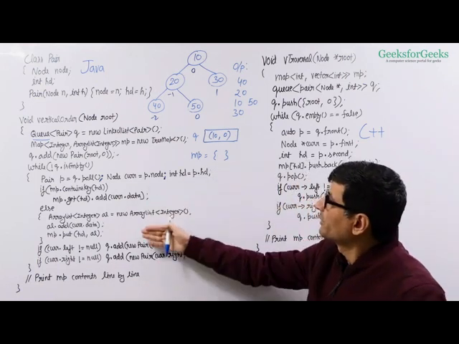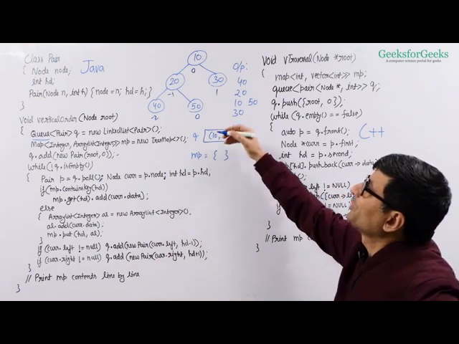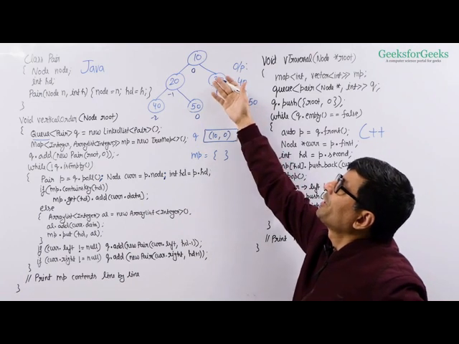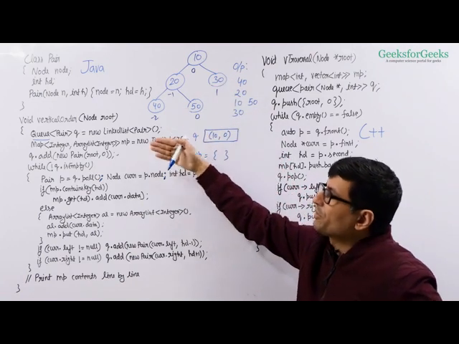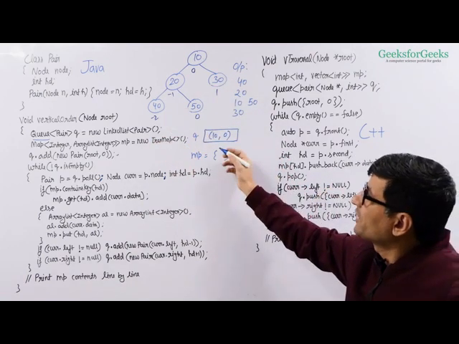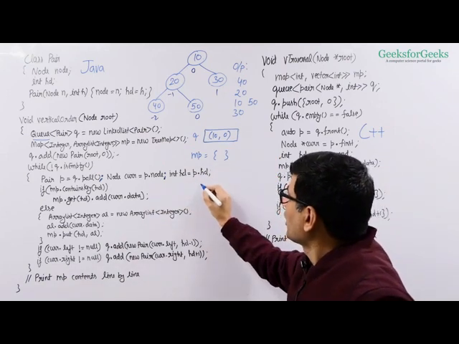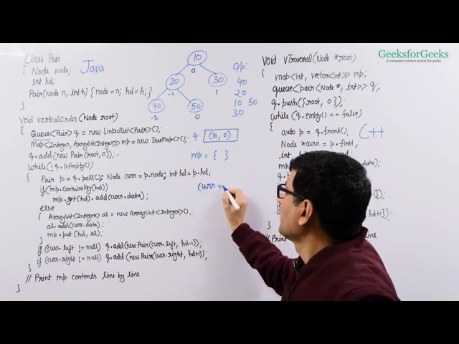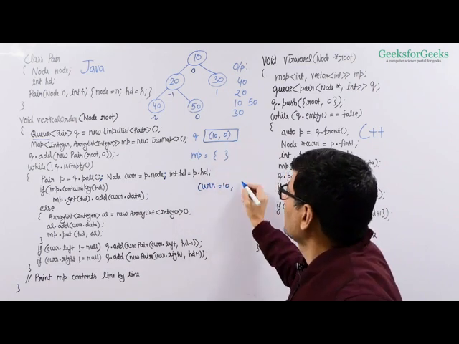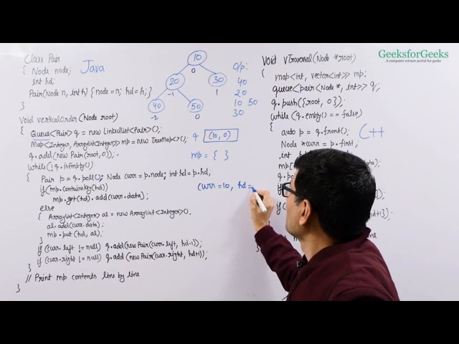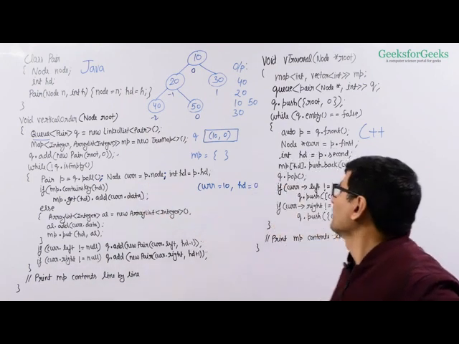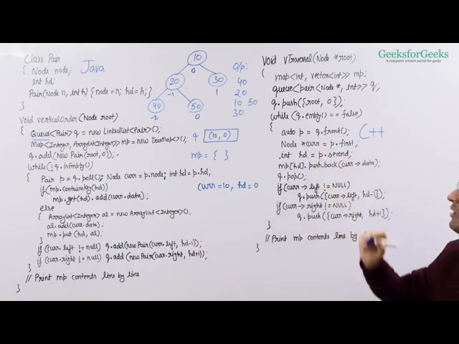Let's understand this implementation with this example. We take out the item 10, because this is what we pushed initially. So we take out 10, 0 from the queue, and our current item now becomes 10, and our horizontal distance is the distance of this node. We compute these values once we take out an item. Same thing we are doing in the C++ code.